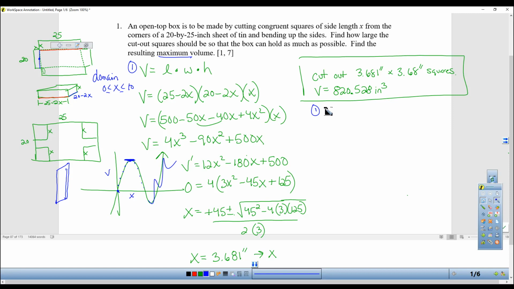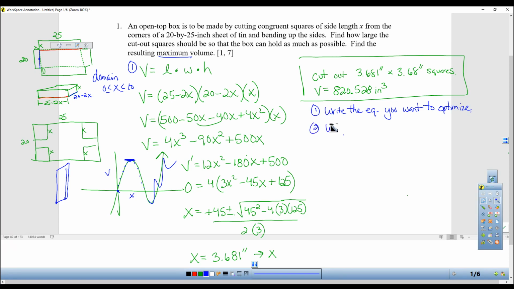So for step 1, write the equation you're trying to optimize. So all of these are going to be a max or a min problem. And you can go straight to the end. Find the resulting maximum volume. You're trying to maximize the volume. You should be writing a volume equation.